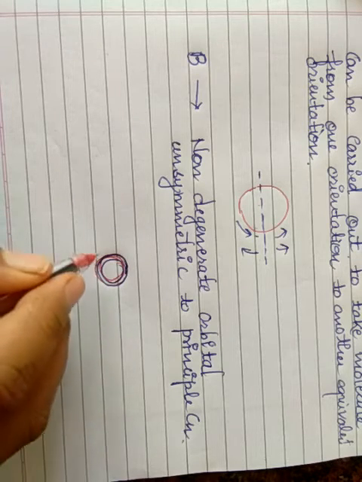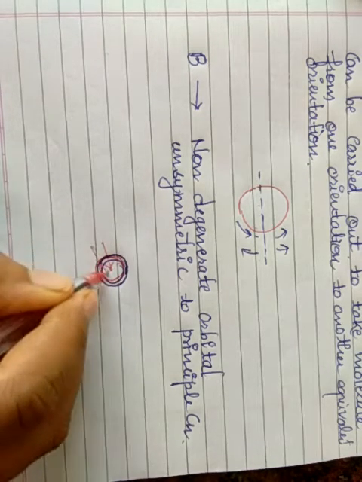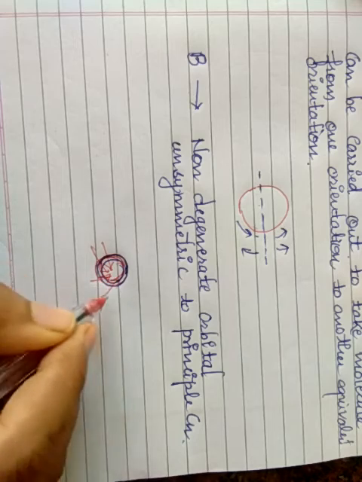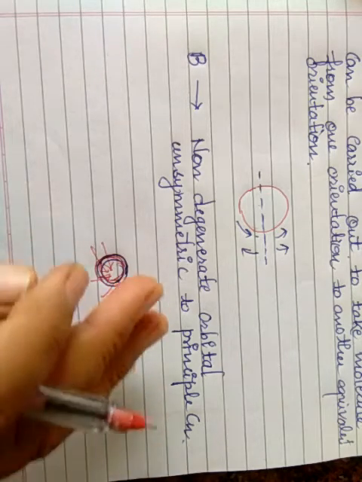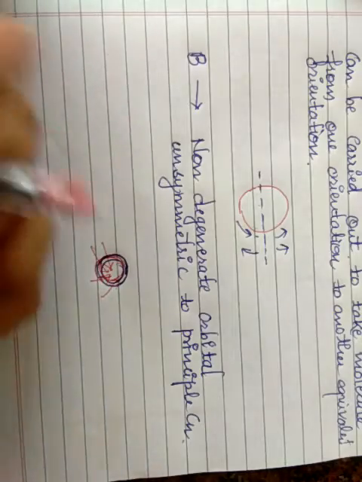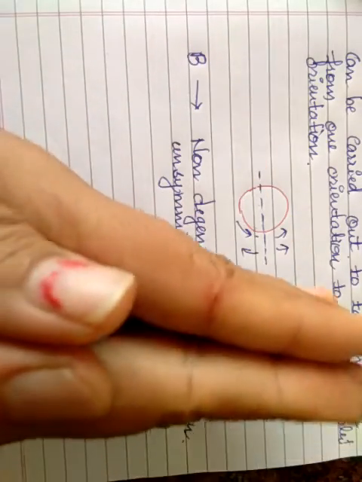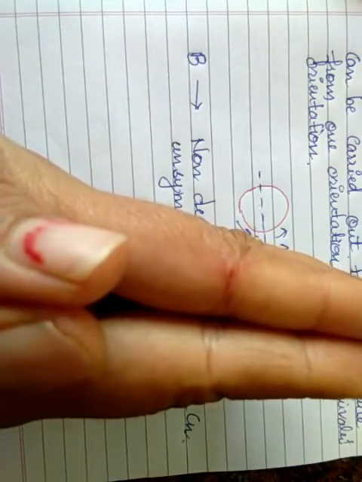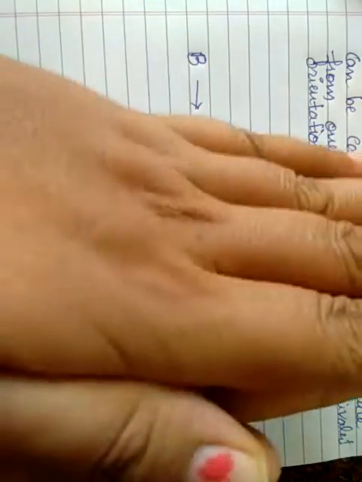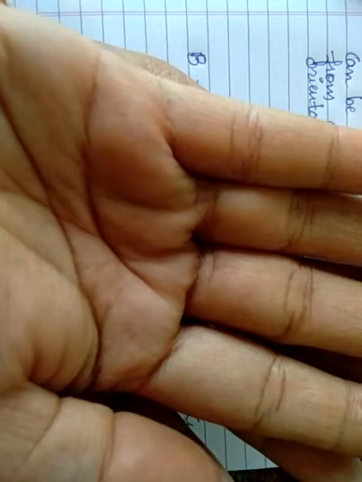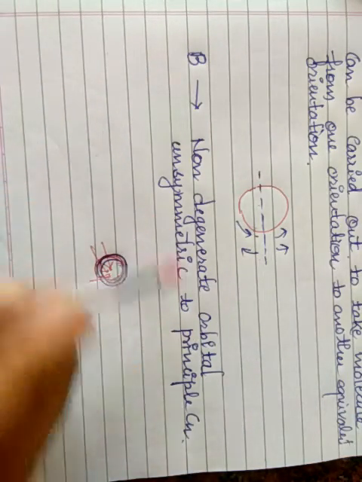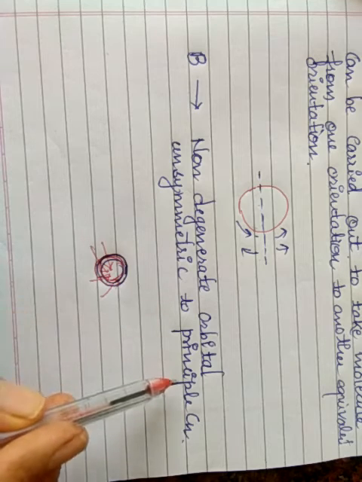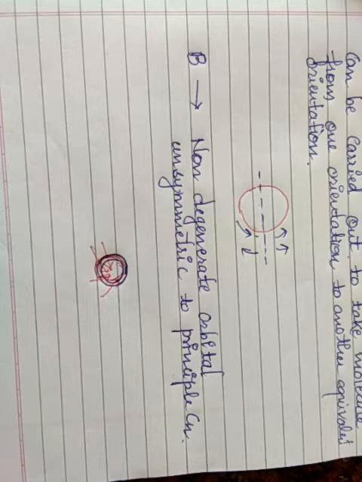Unsymmetric: if you take the surface of one and the surface of another, they will fit one with the other, but the surfaces cannot touch each other fully. This is symmetric touching, and this is unsymmetric touching, isn't it? So for B: a non-degenerate orbital unsymmetric to the principal Cn.